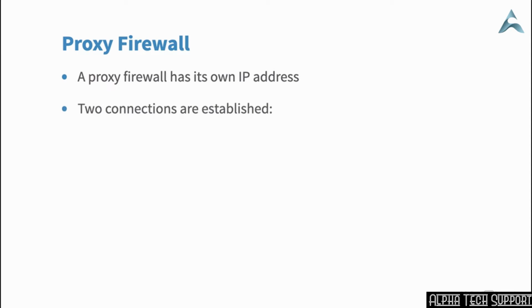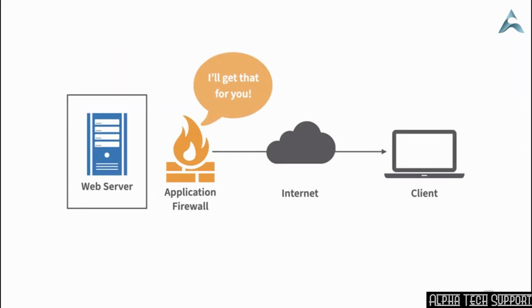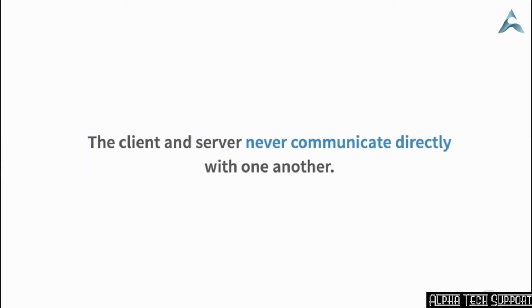Two connections are established, one between the packet source and the firewall, and another between the firewall and the packet destination. The proxy intercepts incoming packets, examines the payload, and then relays the permitted packets to the destination. As a result, the client and server never communicate directly with one another.